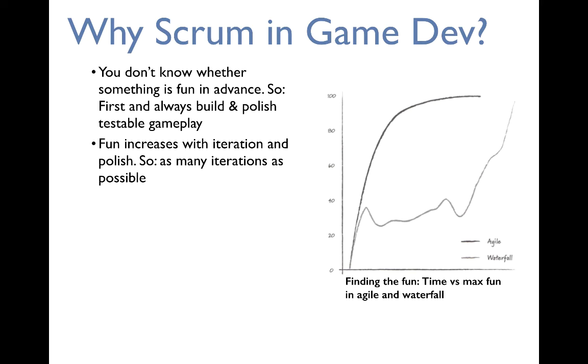So you get nailed down what it is that makes your gameplay fun and how to do it very early on. And then the remainder of the time, you just basically build out what you now already know works.